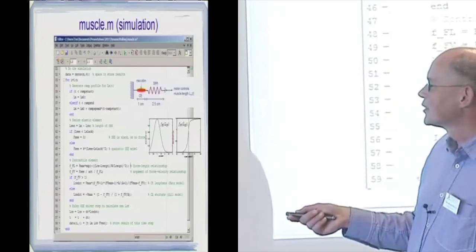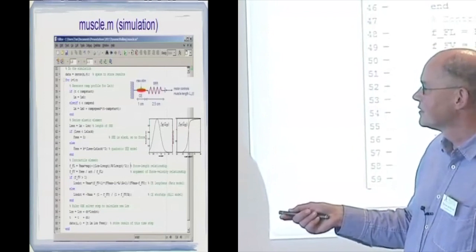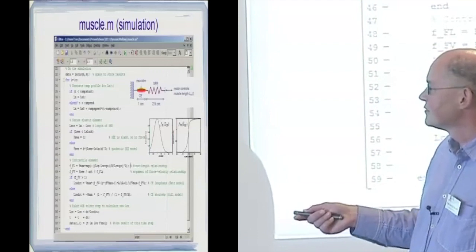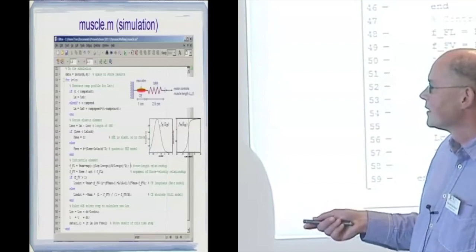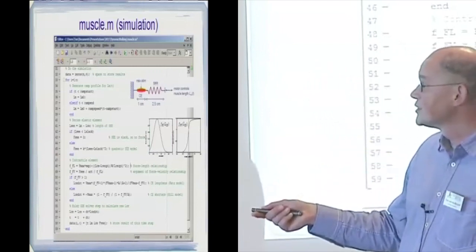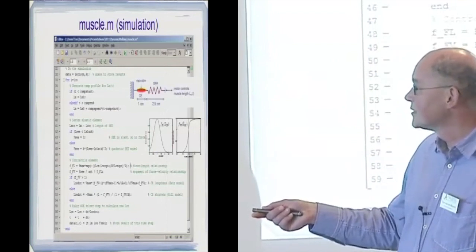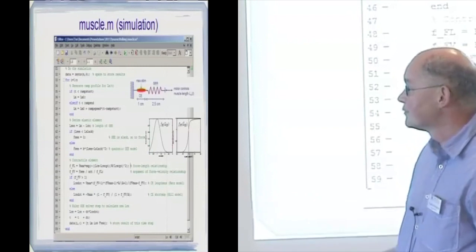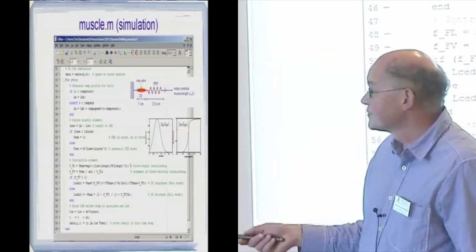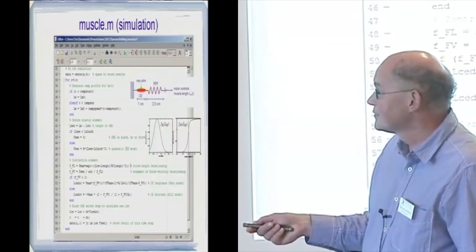Then I can do the contractile element. The force-length relationship, that's the length-dependent capacity to generate force, is my Gaussian function that I mentioned earlier. And for the force-velocity relationship, the force is now the force in the series elastic element divided by the activation and divided by the force-length relationship. That's that nasty inverse force-velocity relationship. So first I have to calculate this, and then here the actual force-velocity relationship.